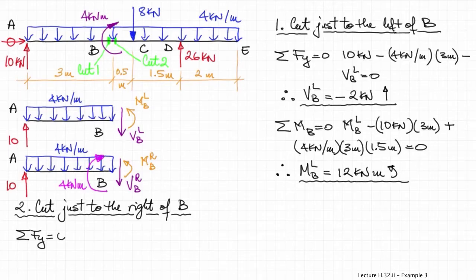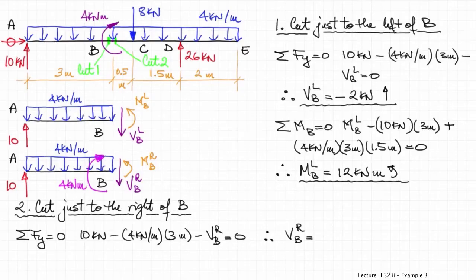Summing the forces again in the vertical direction, along Y equals 0, will solve for the shear force to the right of B, and this will be equal again also to -2 kilonewtons, so going upwards on the left-hand side of the free body diagram.